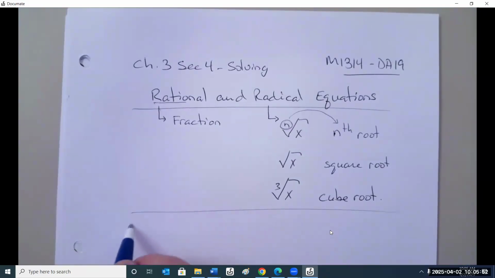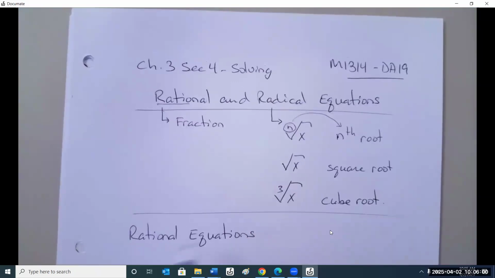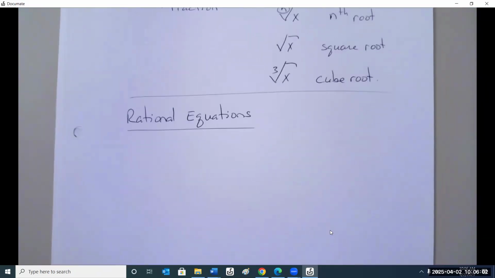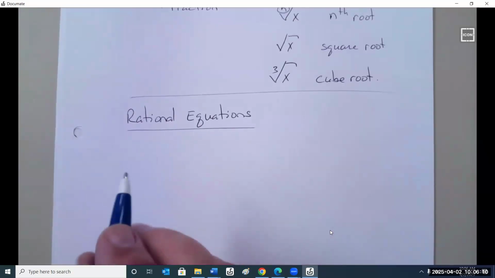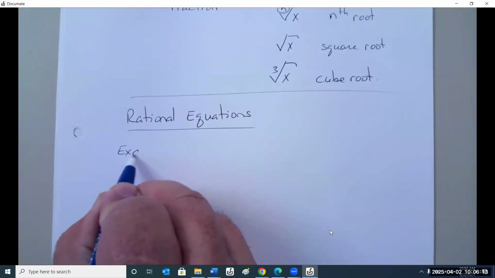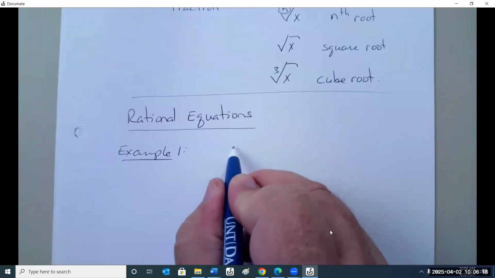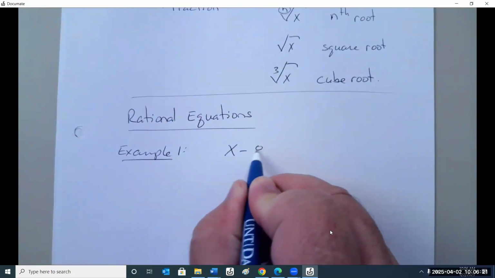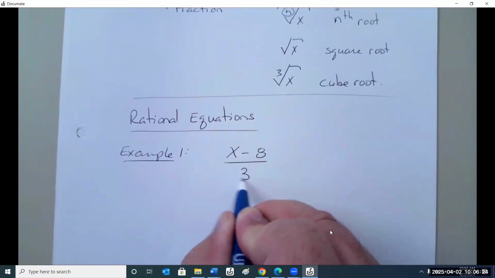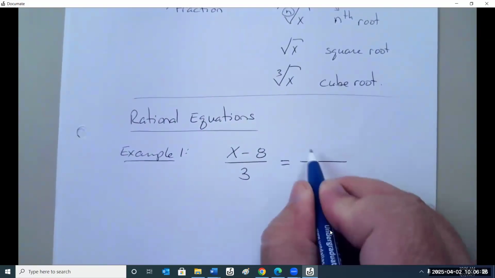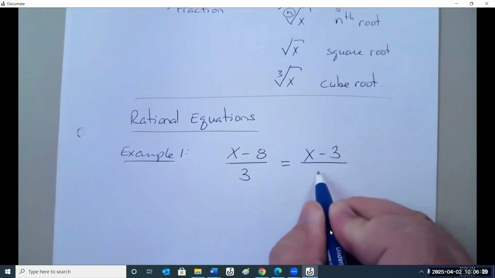So let's first look at rational equations. For example, what if we had x minus 8 over 3 equals x minus 3 over 2?